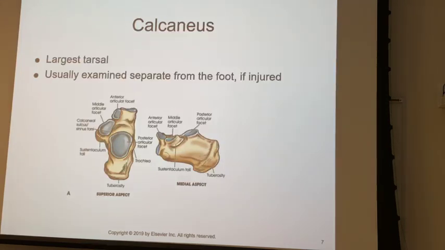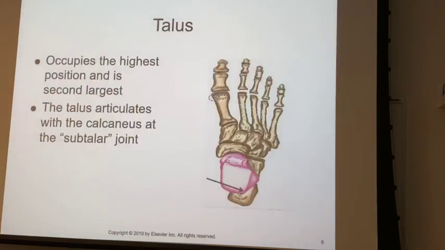So again, the calcaneus is the largest tarsal bone, and it's also the one that's going to be fractured more commonly. We see a fair number of calcaneal fractures, very painful and lasting. I don't know that I've ever seen a fracture of any tarsal bone aside from the calcaneus and the talus. The rest of them, I don't know that I've ever seen one.